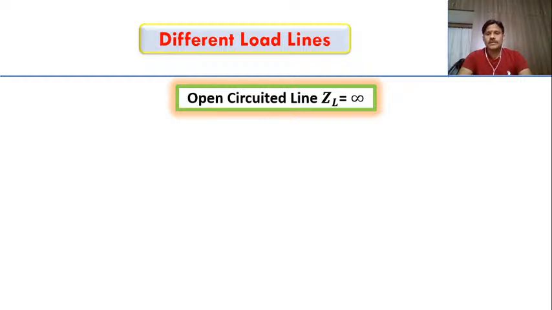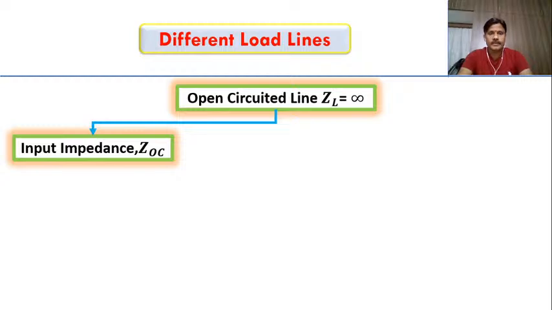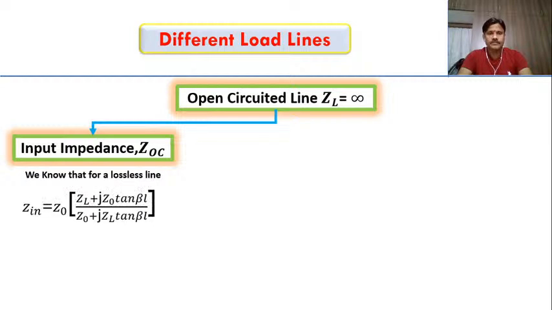First, what we will see is the input impedance. The same procedure we are following: input impedance ZOC, open circuit. First we get the expression for a lossless line, then we substitute ZL equals infinity. If you substitute ZL equals infinity directly in both numerator and denominator, you will get an indeterminate term, infinity by infinity.